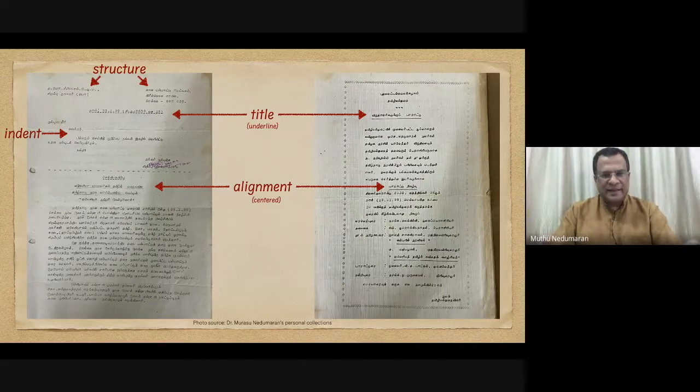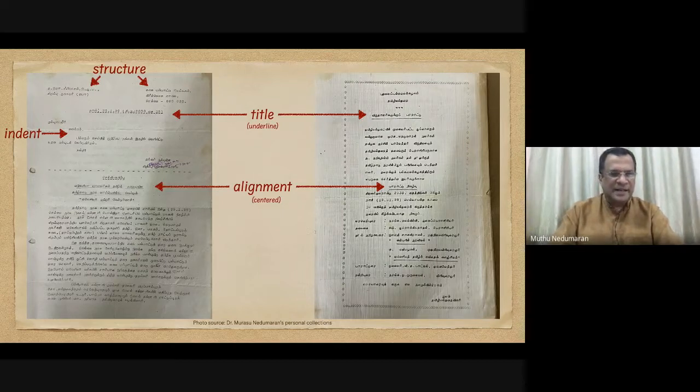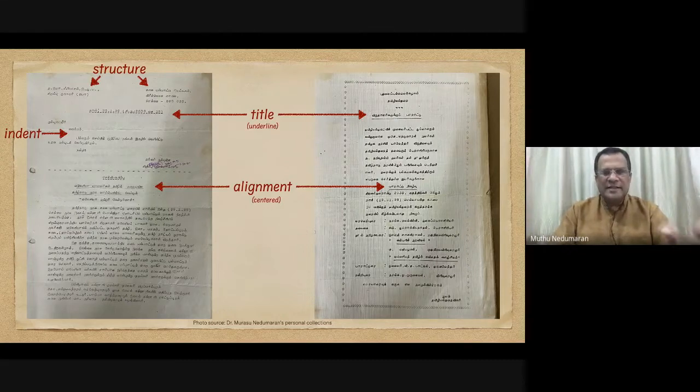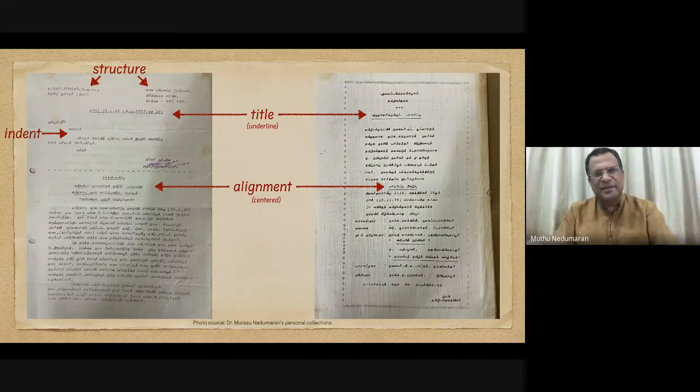And then in the second half of the page, you see alignments. You see some text that is centered, sometimes underlined, sometimes not, but it's centered. Now, all these arrangements of the words on a paper communicate something. It tells you that the title is a summary of what the document is all about. The indent is the start place.